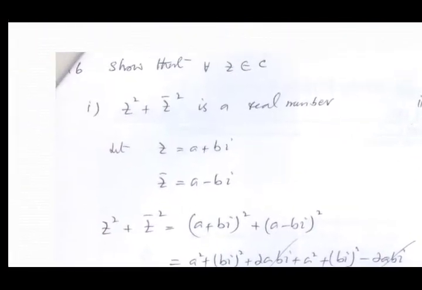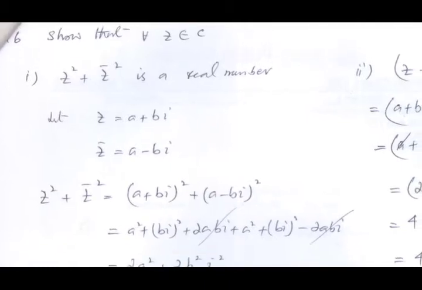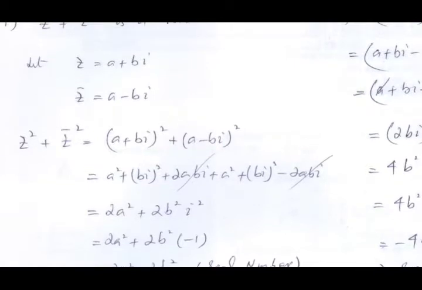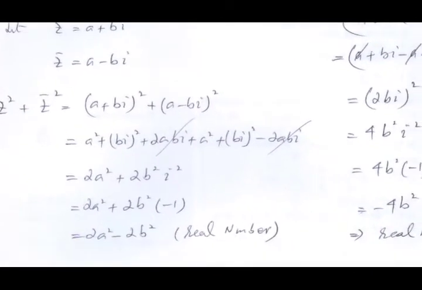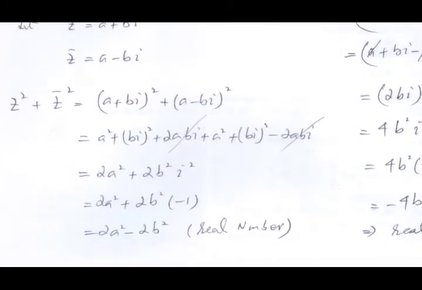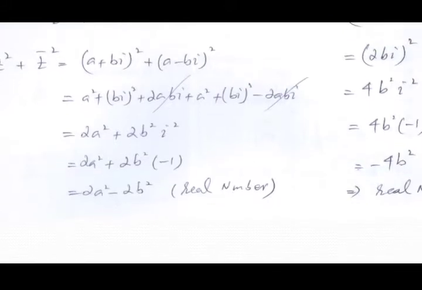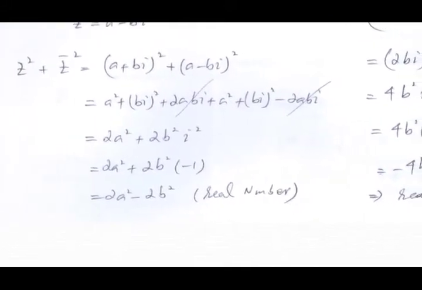Next, prove that z square plus z bar square is a real number. Let z is equal to a plus b iota and z bar is a minus b iota. Then put these values, take the squares and sum, and we get a result without iota, a number which has no iota.